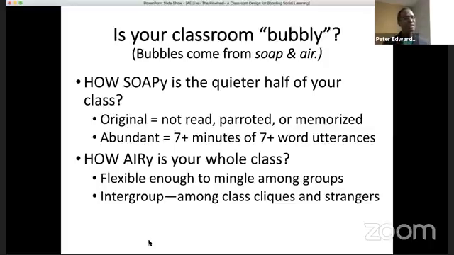We're trying to get about 7 minutes out of every student every hour, and longer utterances, meaning like sentences, what they say, at least 7 words, not just yes, uh-huh, okay, me too. That's not really producing very much. We want to get longer. Even the lower levels, they can still put enough together for a 7-word speaking time. We can do that.